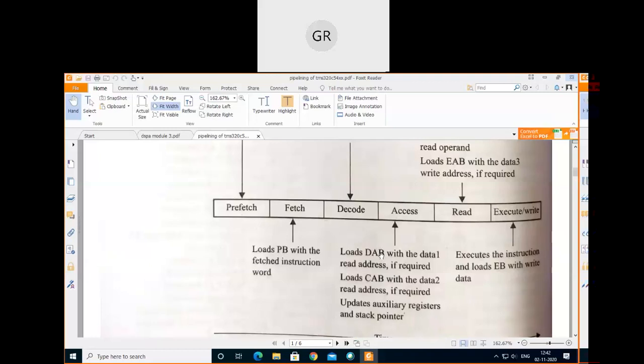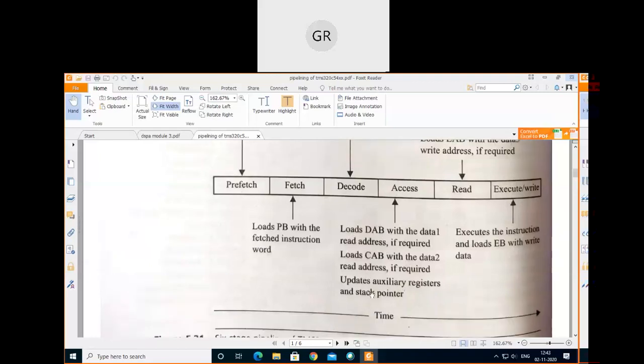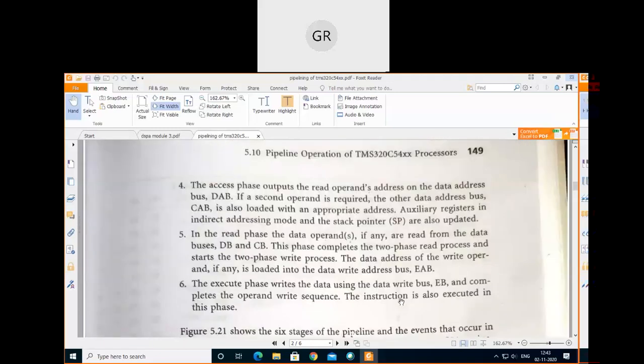If two operands are there, CAB is loaded with the data 2 read address. If required, update the auxiliary registers and stack pointer. That is the access phase.